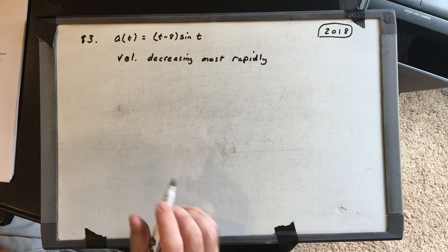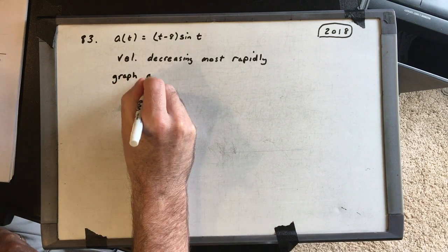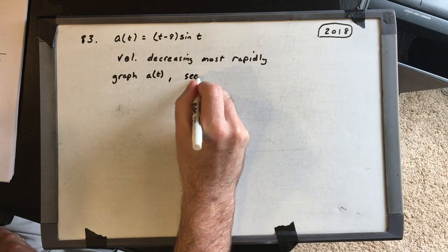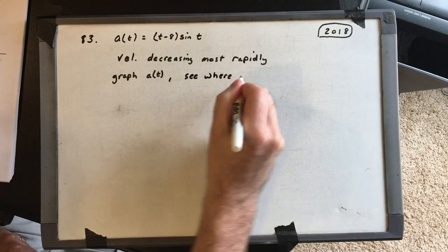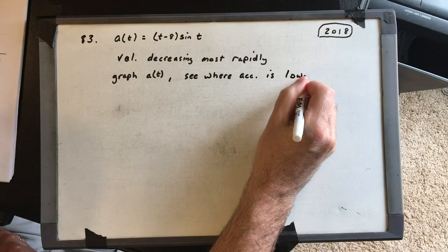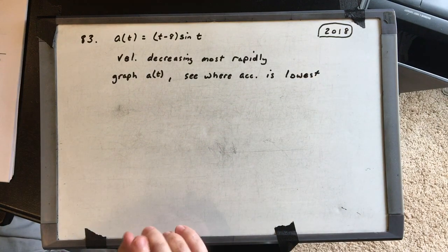Okay, so what you need to do then is just graph a of t and see where acceleration is lowest. That's where the speed's decreasing most rapidly.